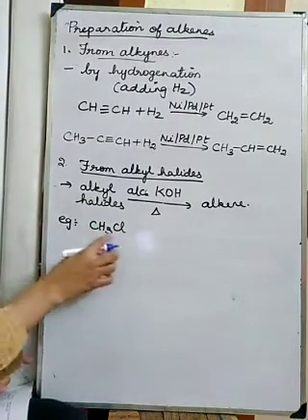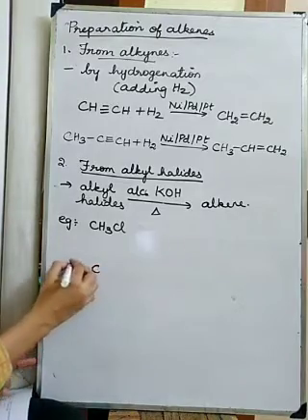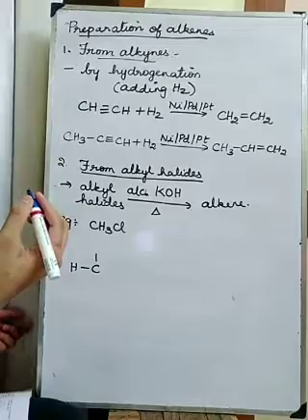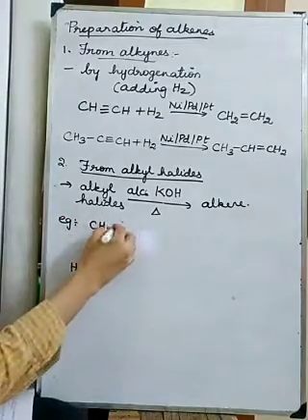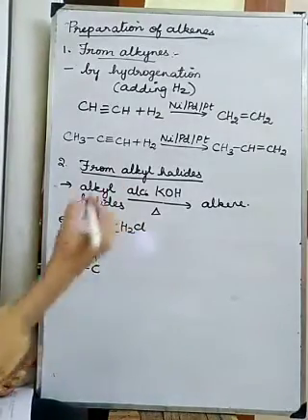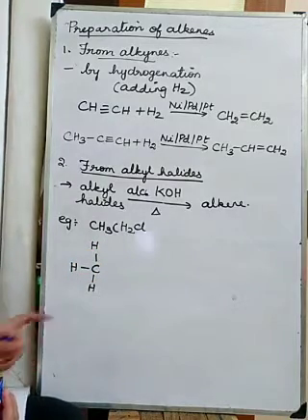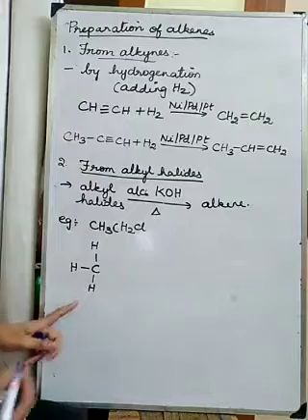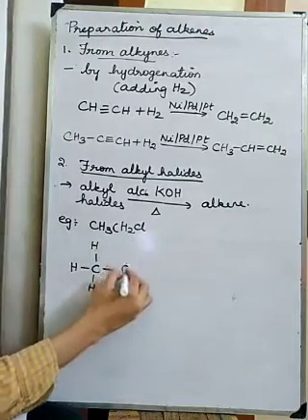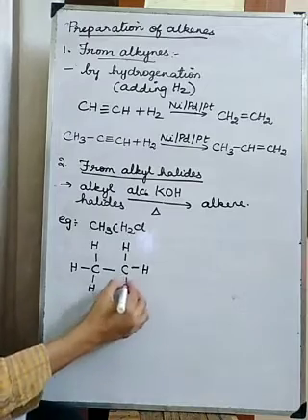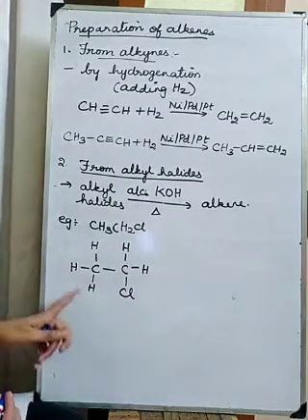CH3CH2Cl. How can I write it? CH3 I can write like this, then CH2 like this, Cl. Can I write like this?